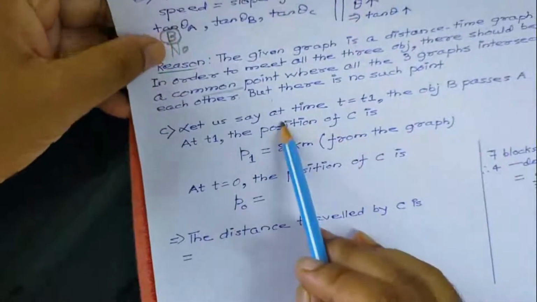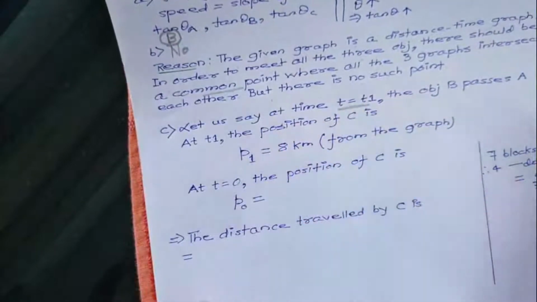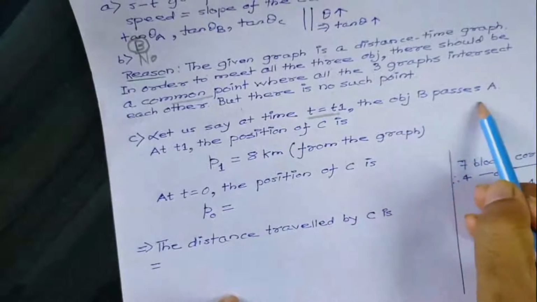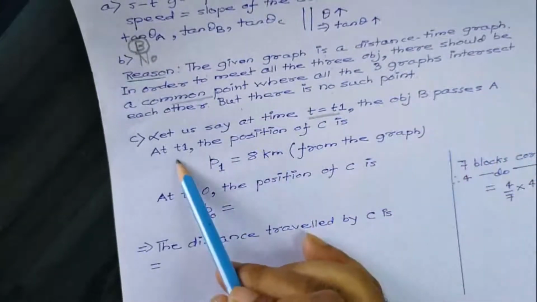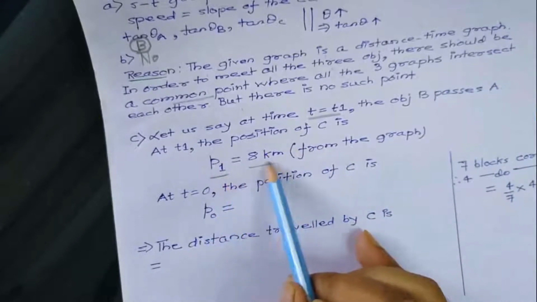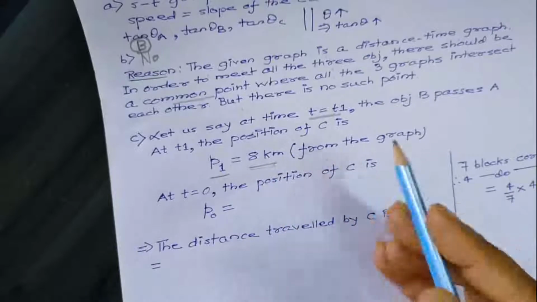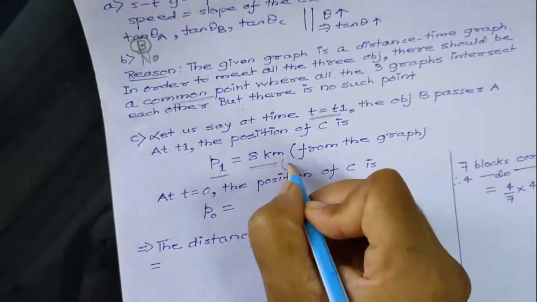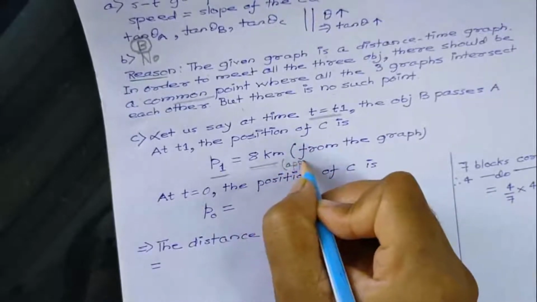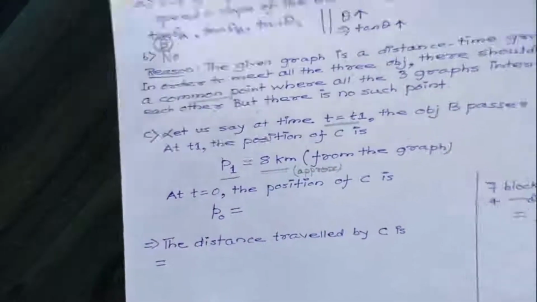So let us say at time t equal to t1, okay guys, the object B passes A, and at t1 the position of C is p1. I have marked it p1. From the graph it is coming 8 kilometer approximately. You can write approximately also. It is better to put this word, this will always save you.